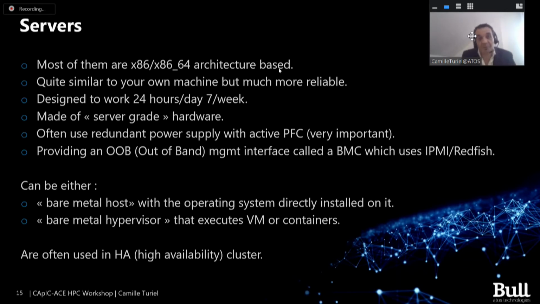Also, a difference is in the power supply, which is often redundant, and I can say 100% of the servers you will find on the market will use an active PFC power supply. PFC stands for power factor correction.